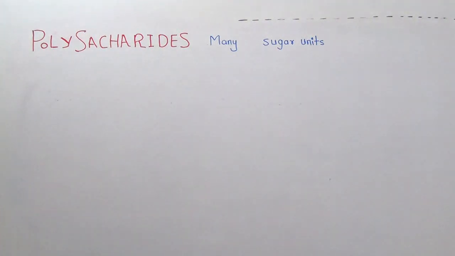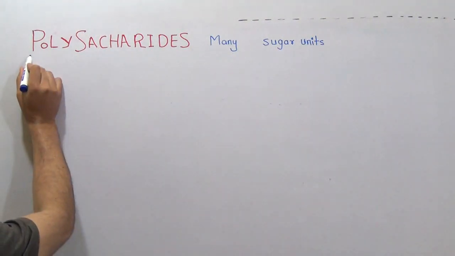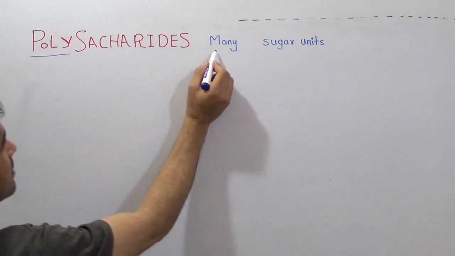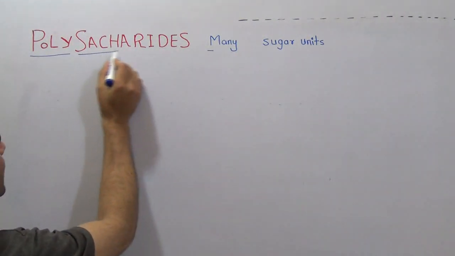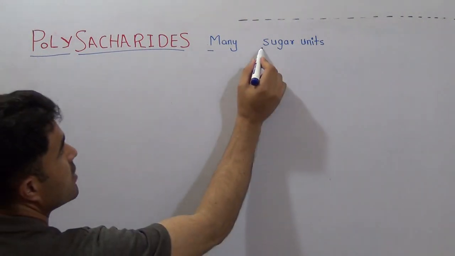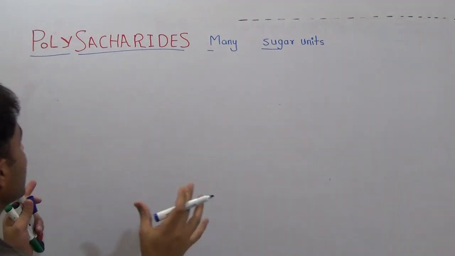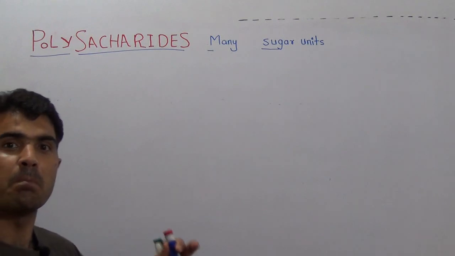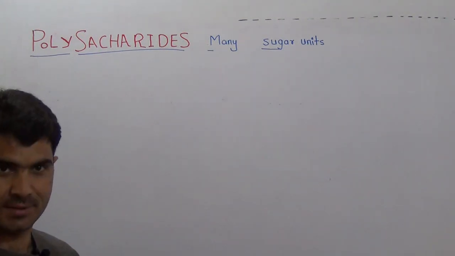Polysaccharides, here if you see, poly always means many, and saccharides mean saccharone, means sugar. So the overall meaning of polysaccharide is many sugar units.